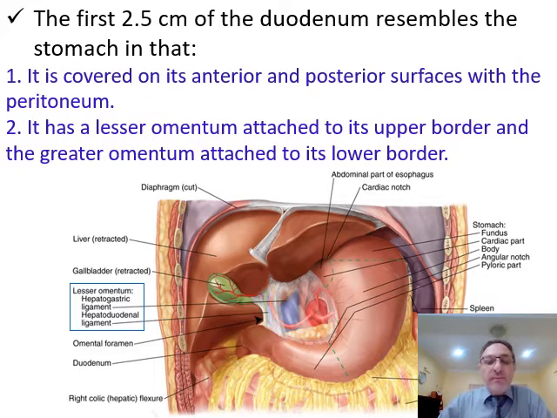The first part of duodenum, we call it the superior part of duodenum. It resembles the stomach in the peritoneal covering and in the attachment of lesser and greater omentum.